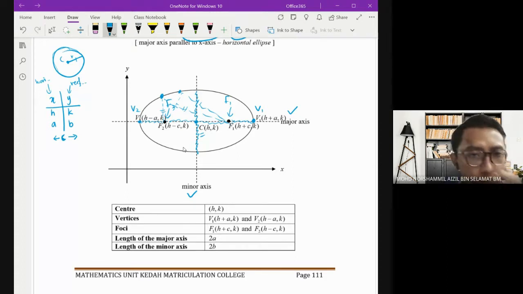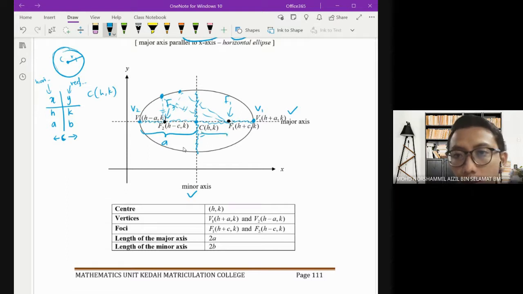Kita tahu dah memang HK ni coordinate center. Yang ni memang well known from the circle itself. AB tu apa dia guys? This is A, from center to one of the vertex.